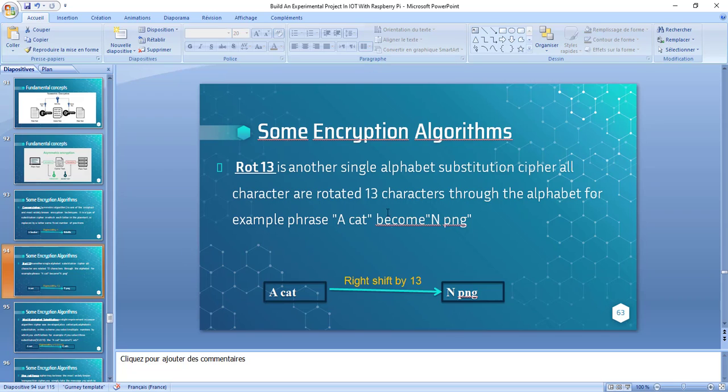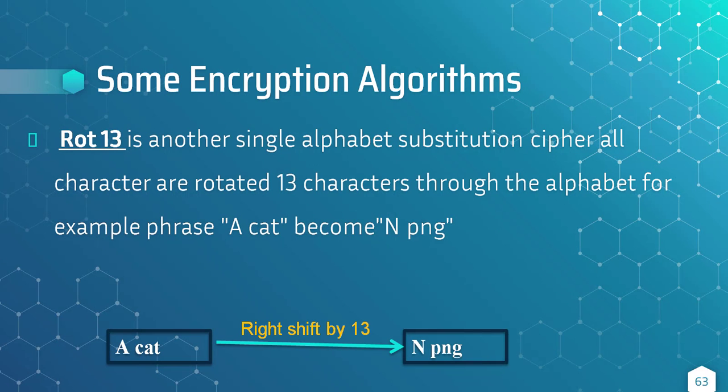So let's move on to another algorithm. We have ROT13, which is another single alphabet substitution cipher. All characters are rotated 13 characters through the alphabet. For example, the phrase a cat becomes like this. So I take each character and shift it to the right by 13.